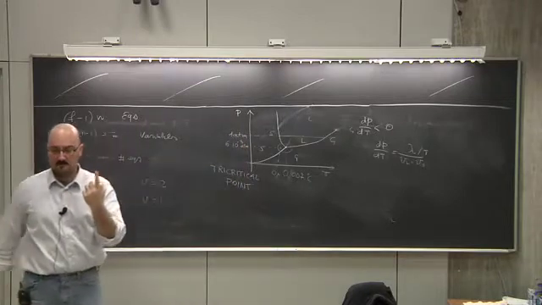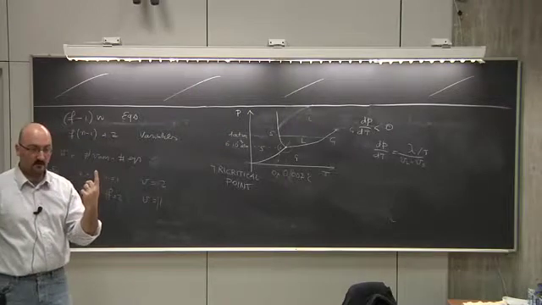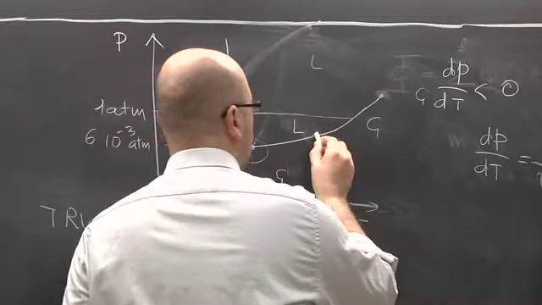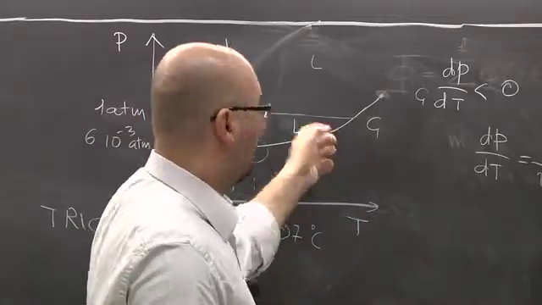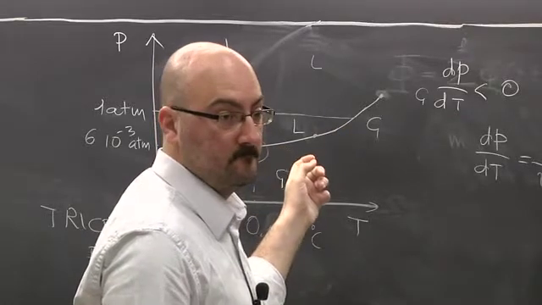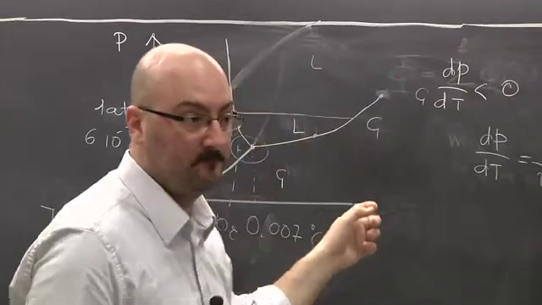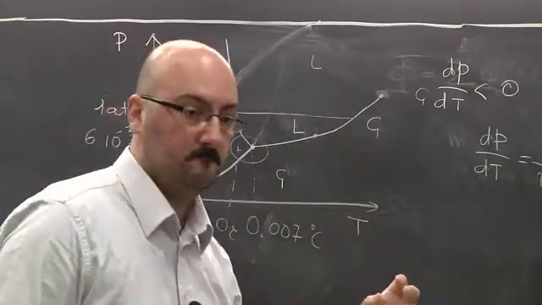It has only one variable, V is equal to 1, which has to be fixed. So, for example, if you fix the temperature, you fix the pressure. At this temperature and this pressure, there is coexistence of liquid and gas.